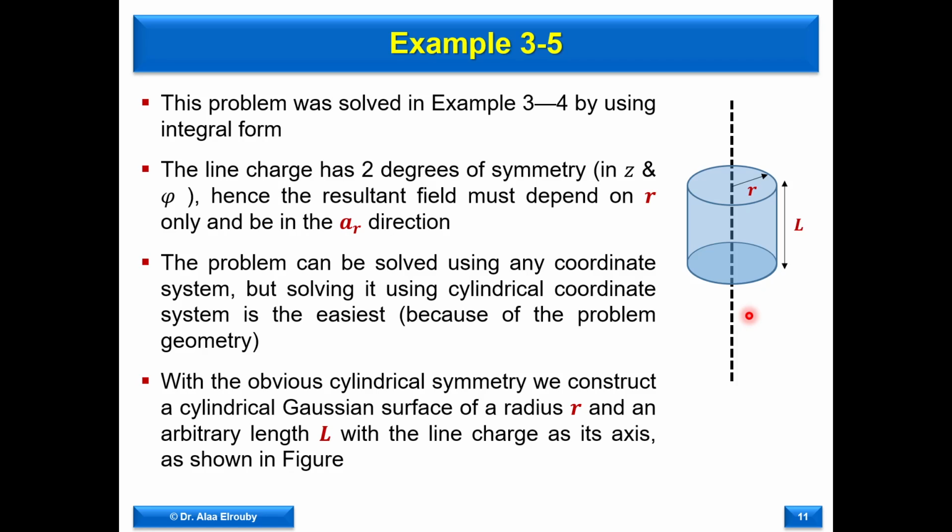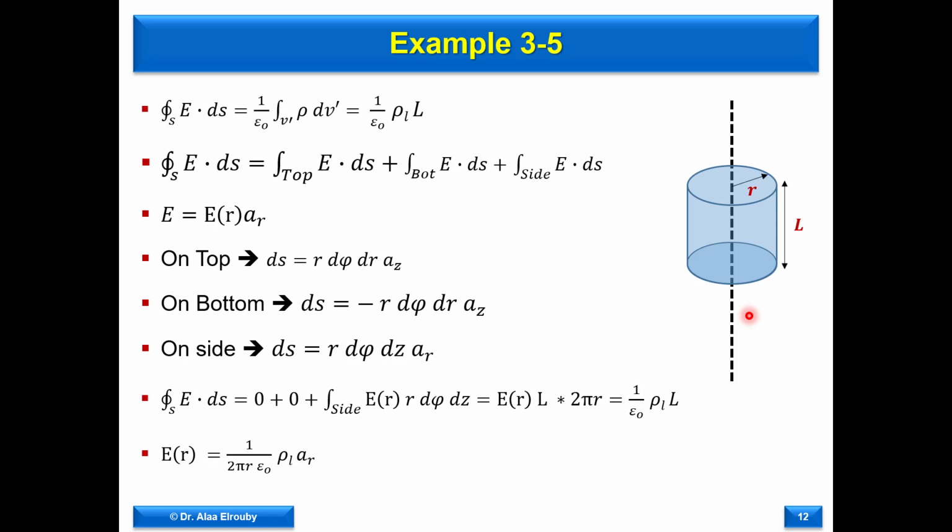Gauss's law states that over any closed surface, which we choose to be a cylinder because of the symmetry, the integral of E dot ds equals the total charge enclosed by this surface.